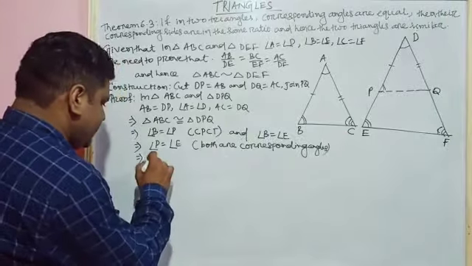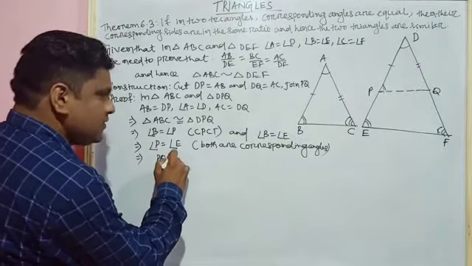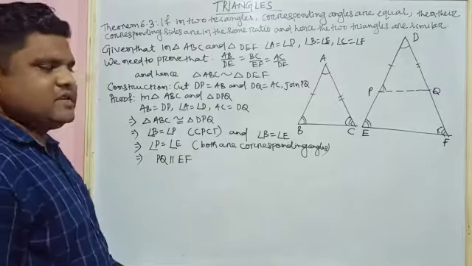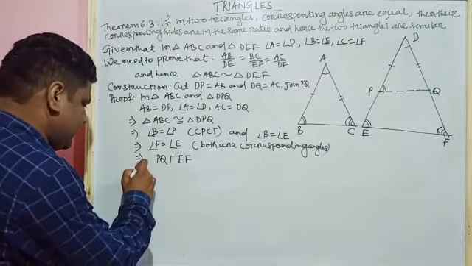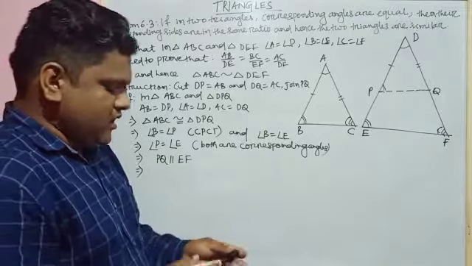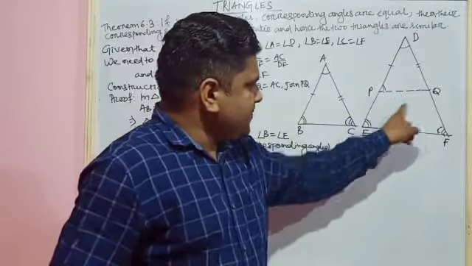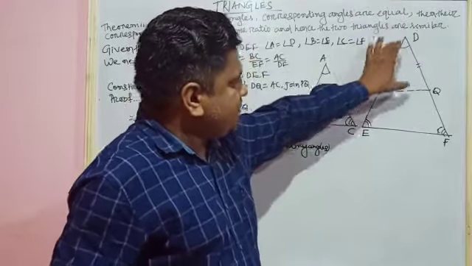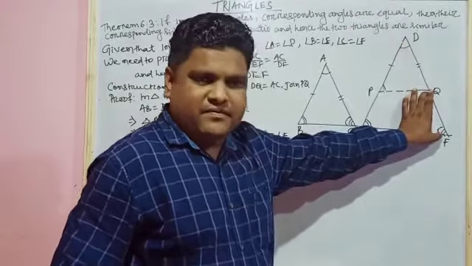So we can write PQ is parallel to EF. If PQ is parallel to EF, then from theorem 6.1, we can write DP by PE is equal to DQ by QF.